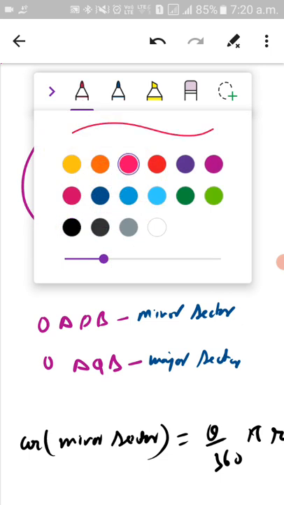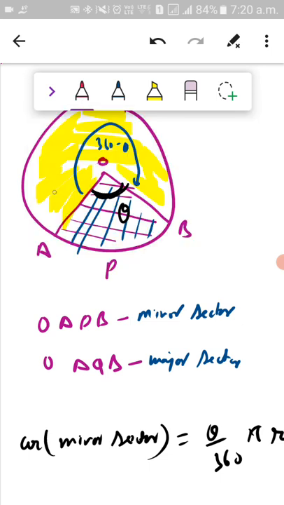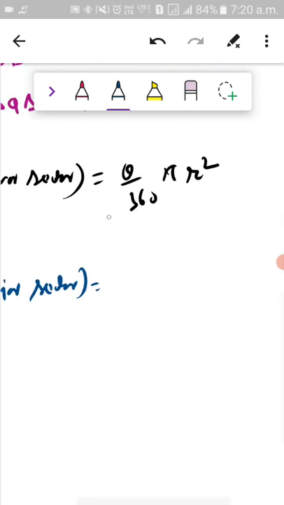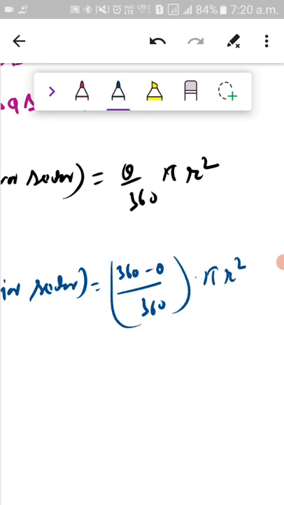So we can write area of major sector equals 360 minus theta by 360 pi r square.